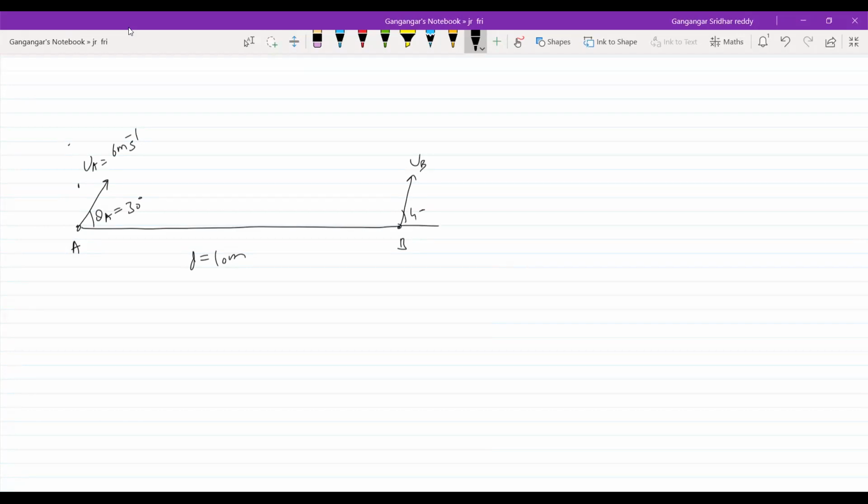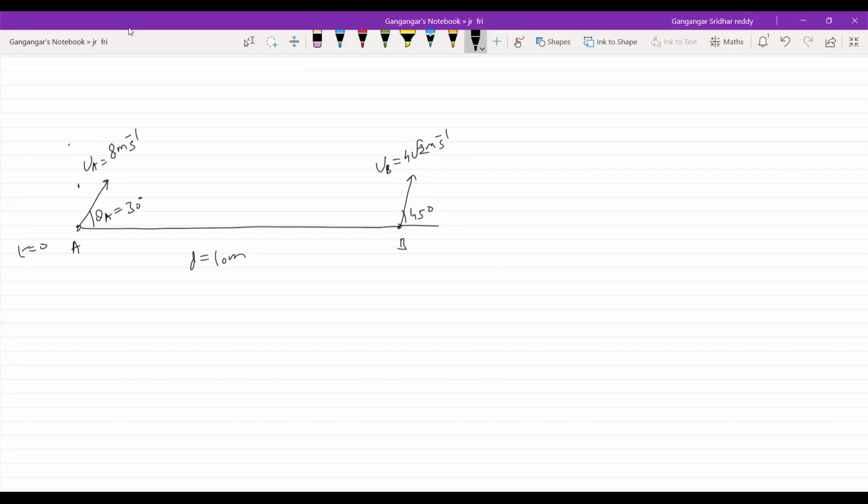Theta B 45 degrees. Let UB be 4 root 2 meter per second. At t equals 0, I'll project both. Earlier I projected towards each other, no? I'm projecting now in this way. I'll ask you to find the minimum separation between them. Take 8 meter.